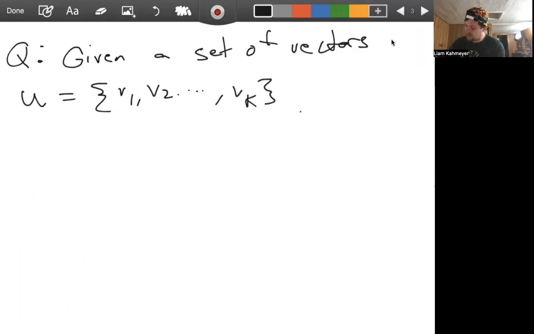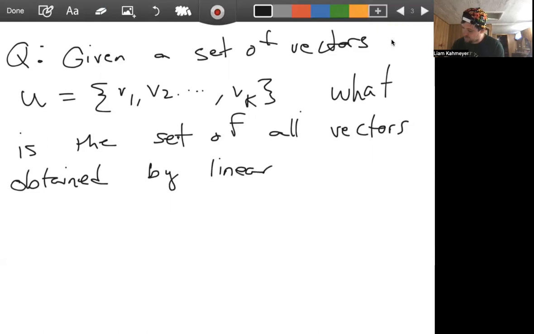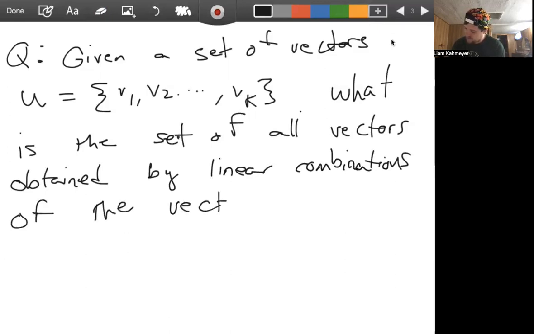We could ask ourselves, what is the set of all vectors obtained by linear combination of the vectors in U?